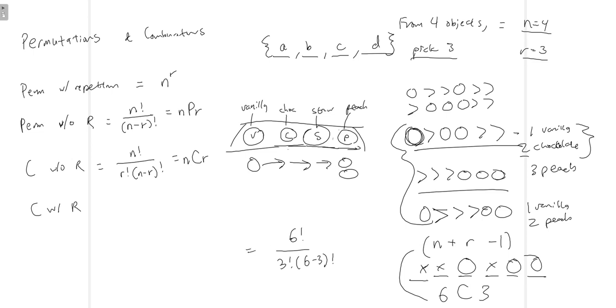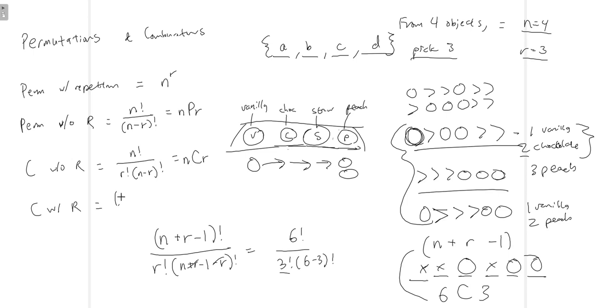Now we know this answer already, but to write it in terms of n and r, we do this. This is r, and then we know this is n plus r minus 1 minus r. Now you see this cancels out.